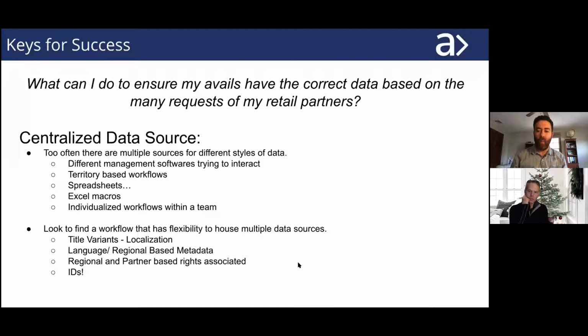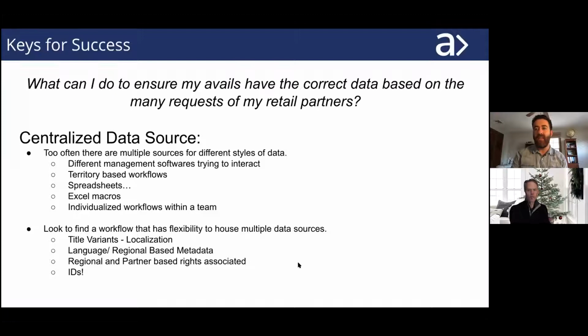However, I'd say maybe not incomplete avails, but avails with discrepancies. We see title changes quite a bit. Even when you have an automated system, simple, small title changes that are done manually upstream can definitely cause complication.